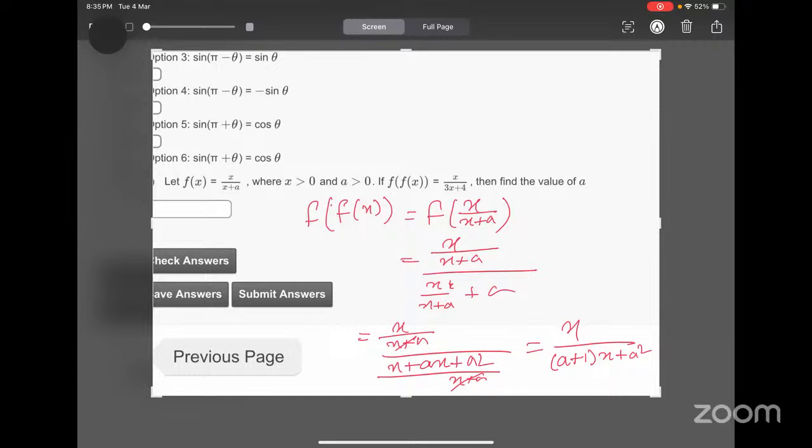Yes. And it is given that it equals x by 3x plus 4. So a plus 1 times x plus a square equals 3x plus 4. If I compare them, a square equals 4, that means a equals 2, and a plus 1 equals 3, that means a equals 2 from both equations.